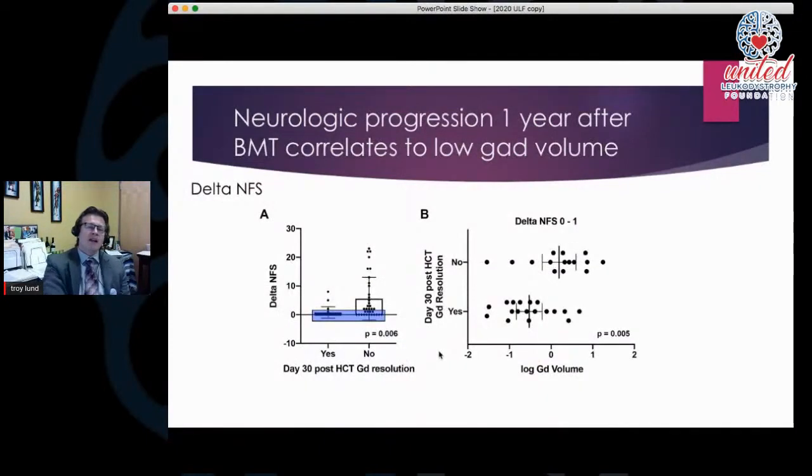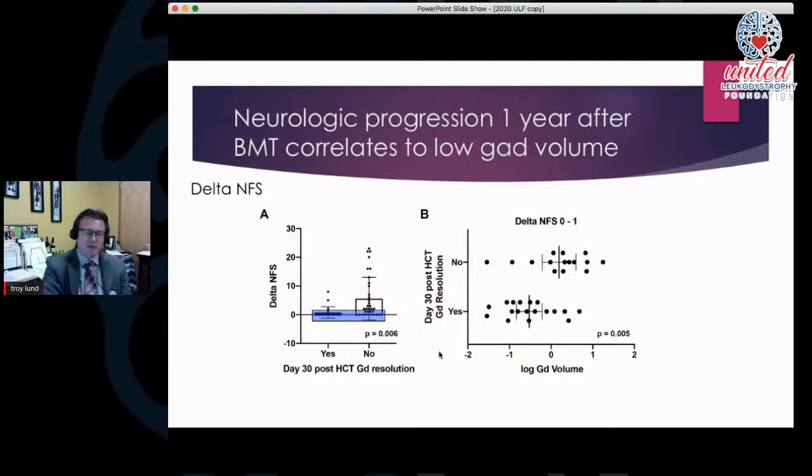So I simply asked the question: every boy that we assess comes in at a certain NFS, and then at 1 year post-transplant, they often have a change in their NFS because they lose some ground, and we call that the delta NFS. Now, in a perfect world, I'd like that delta to be 0.